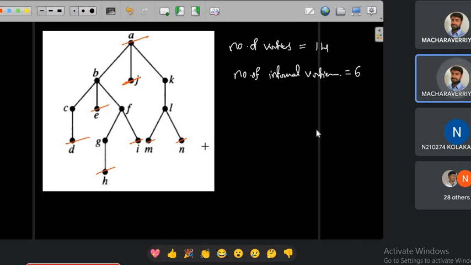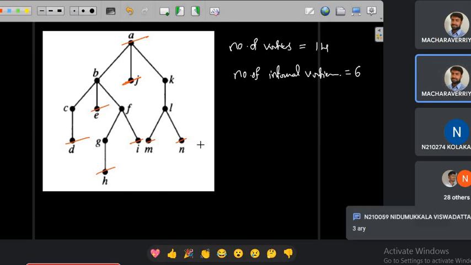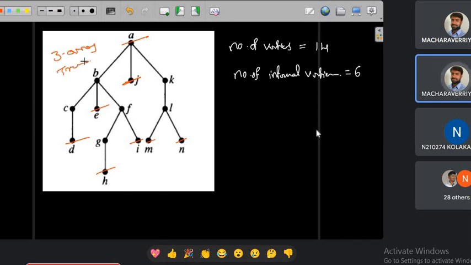Now do we have any relation between them? First of all, what kind of a tree is it? Okay, so this is a 3-ary tree. But it is not a full 3-ary tree. If it is a full 3-ary tree, we can tell about the relation between the number of vertices and number of internal vertices.